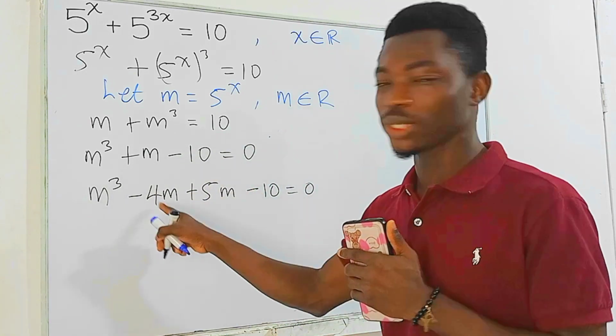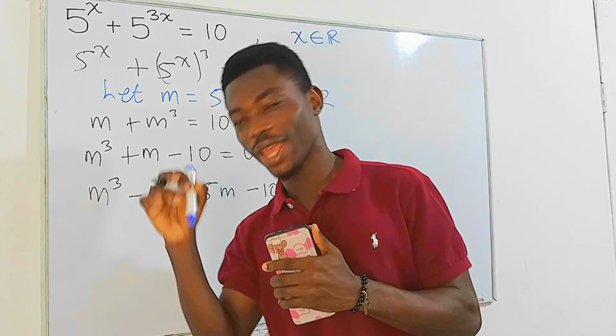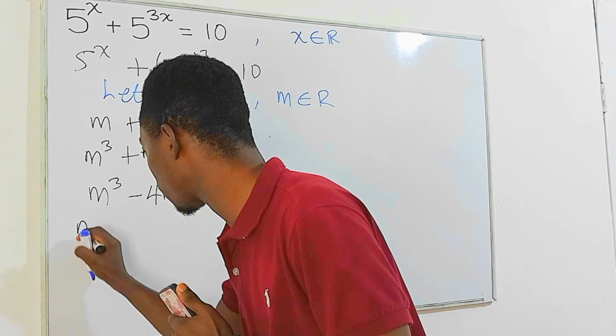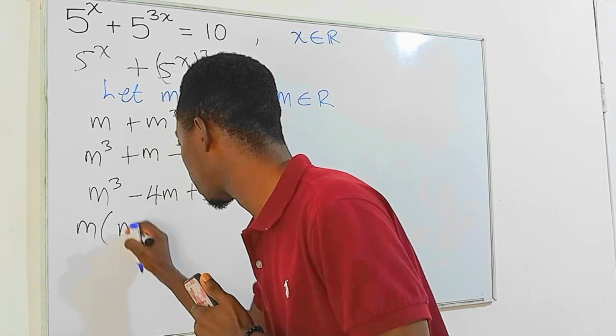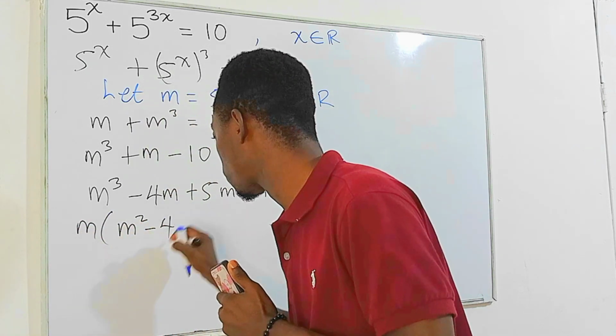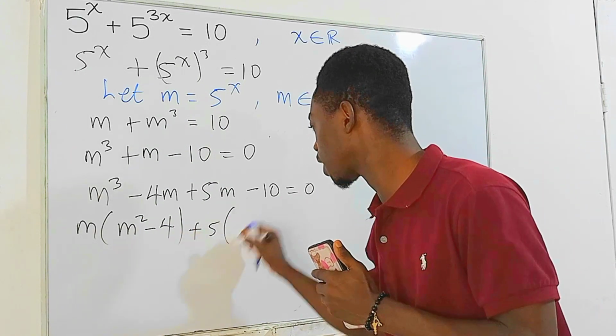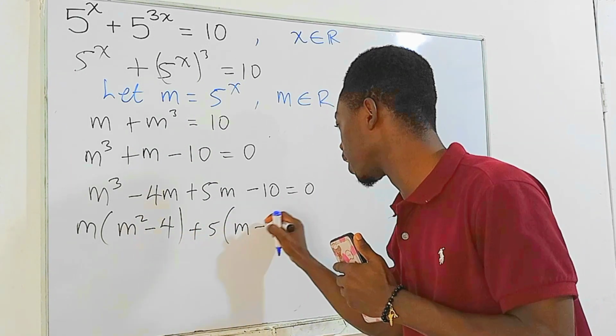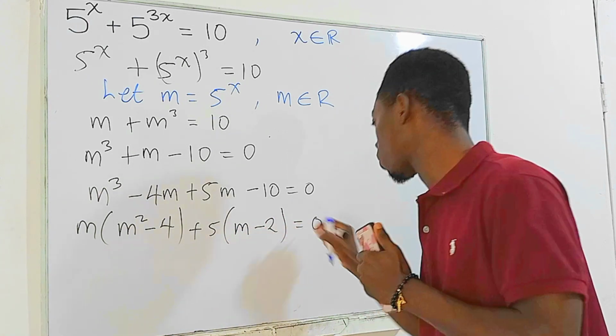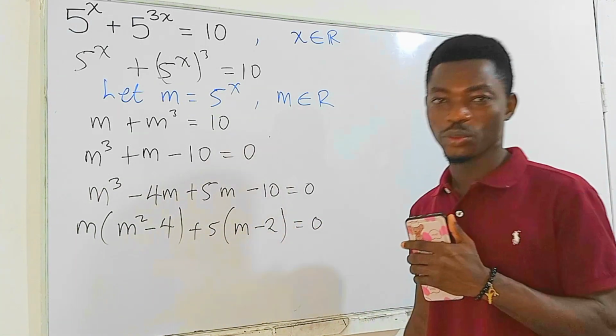Great. Now from these two terms, we can actually factor out m. And if we do that, we will have m times m squared minus 4. Then right here, we can just take 5 out. Then the inside, we will have m minus 2. And this is equal to 0. Now what do we see?